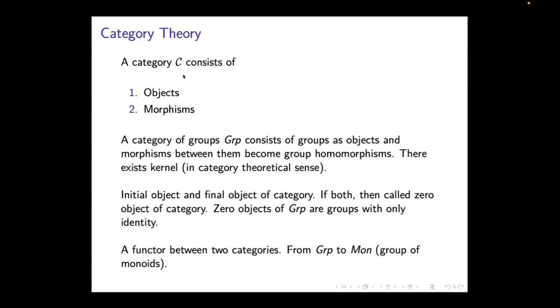A category is basically a collection of objects and morphisms between them. Even in a group, there are elements and they are related to each other by some sort of binary operation. Now you take this to a very high level.